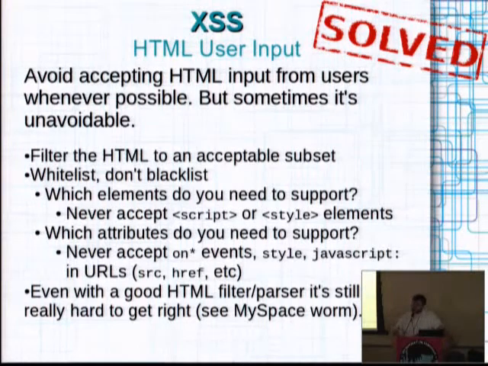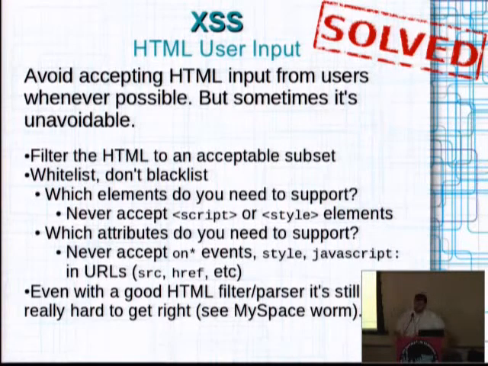And if you have to deal with HTML coming in, like we mentioned earlier, again, whitelist, don't blacklist. Say, I will accept these HTML elements, not just these elements, but these attributes on these elements, and then go from there. As you need more things, expand the list. But be very, very strict at the beginning, and then you can loosen things up as you go along.